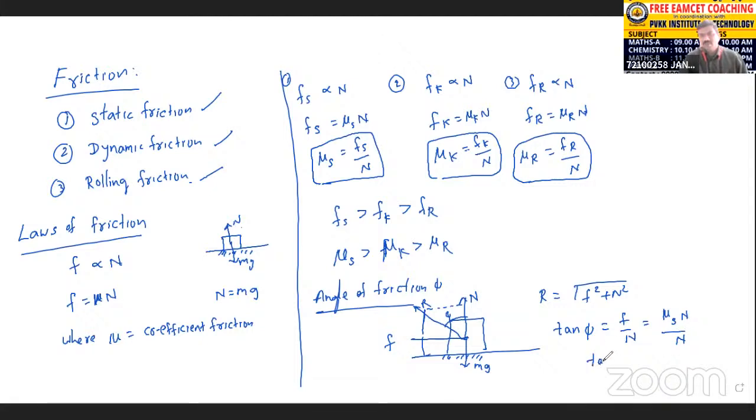Tan phi is equal to mu s. This is the angle of friction concept. Next, motion on a horizontal surface.